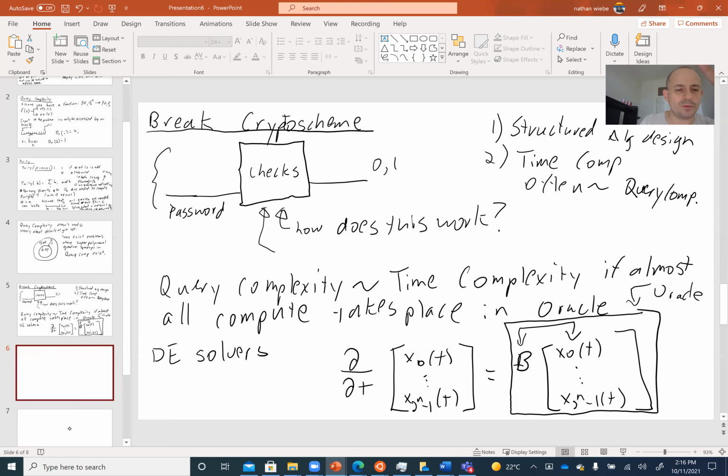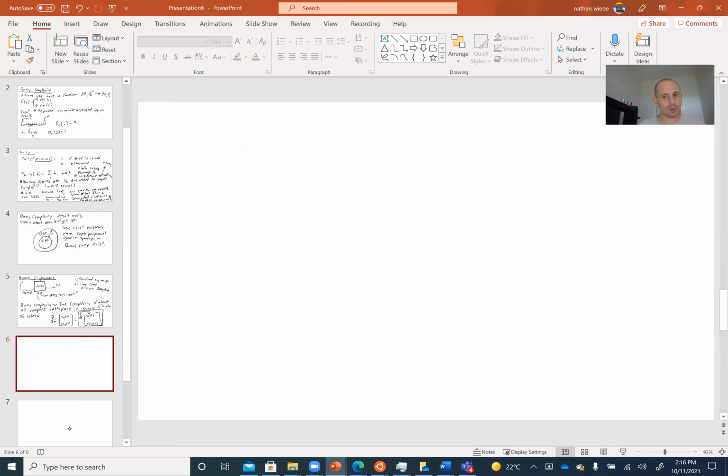Okay, wonderful. And so now the next question is, how do we think about queries in a quantum world? This brings up a wonderful topic of quantum oracles. Transferring classical oracles over to quantum oracles actually isn't necessarily obvious or unique.